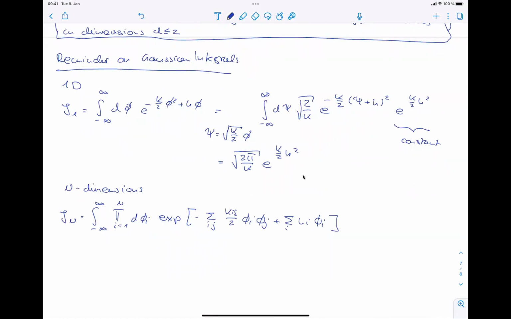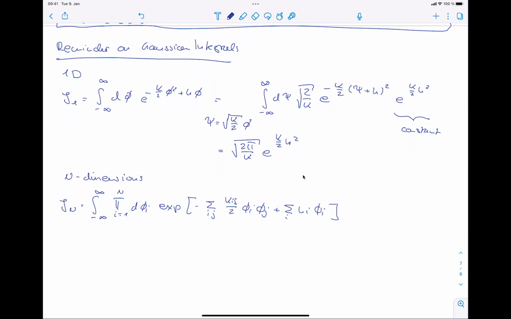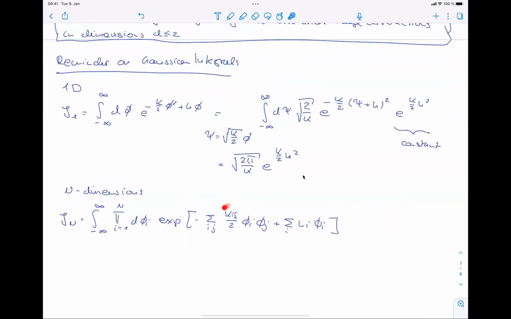To deal with this, we reduce this product to n one-dimensional Gaussian integrals that we know how to deal with, by dealing with this interaction matrix, right?